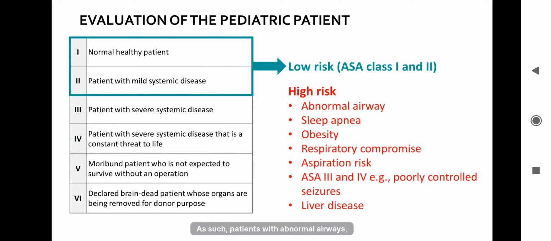As such, patients with abnormal airways, sleep apnea, obesity, and severe asthma are not good in-office sedation candidates. Patients at additional risk for aspiration, such as CP patients, are also not suitable for dental treatment under sedation, as the risk of aspiration is high from the dental procedure and decreased reflexes.